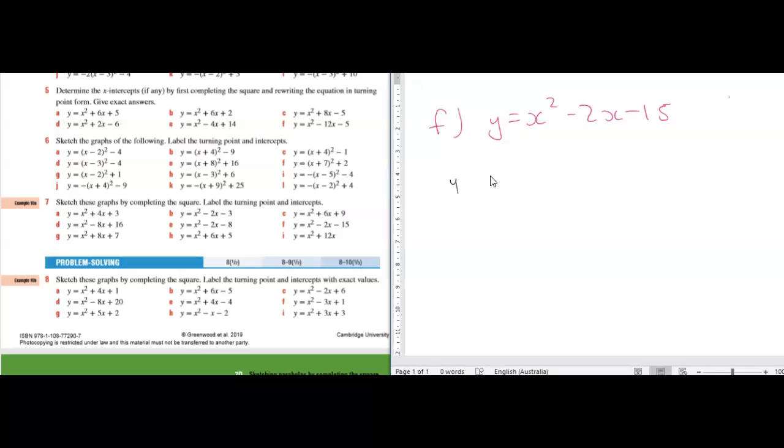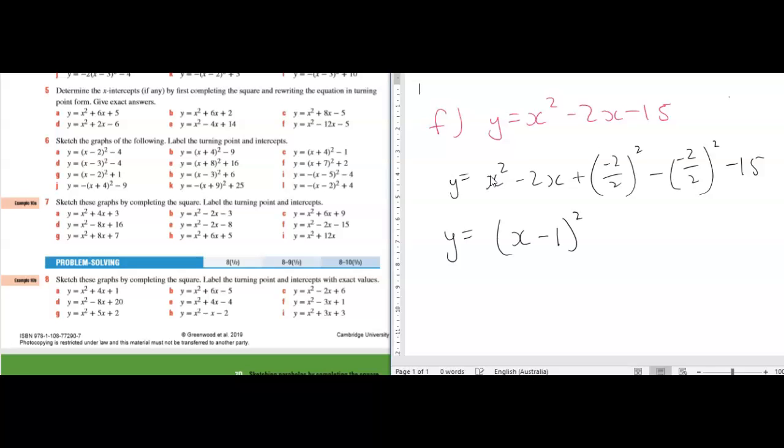First of all, we've got to complete the square. Keep your first two terms the same. Then we take the coefficient of x, divide it by 2 and square it. And then whatever we do here, we've got to subtract. And then subtract 15. Now we're simplifying these first 3 terms. Whatever is in this bracket, -2 divided by 2 is -1, and -1 squared is 1.